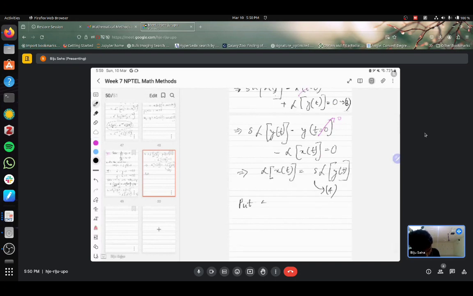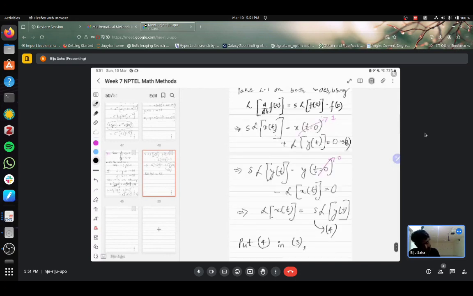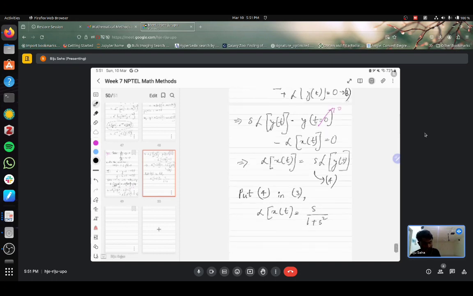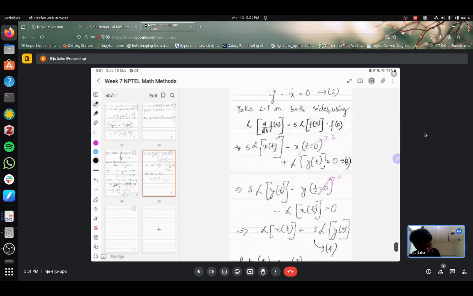Put 4 in 3, and then you can write Laplace transform of x(t) equal to s by 1 plus s square. I just put this x(t) here, and then this equation was purely in terms of y(t).